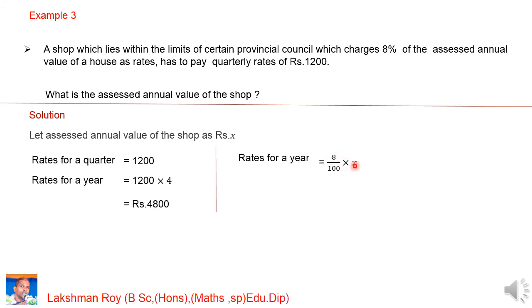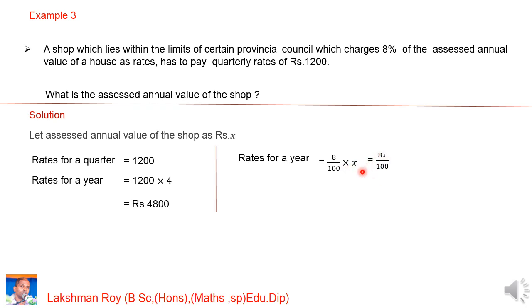Then I want to find it for the assessed value, that means I should multiply by the assessed value, which I take as x, right? Now I can simplify this one, students, this way. 8 should multiply by x, that is 8x. 100 should not multiply by x, so that stays 100. So I'll keep it this way.